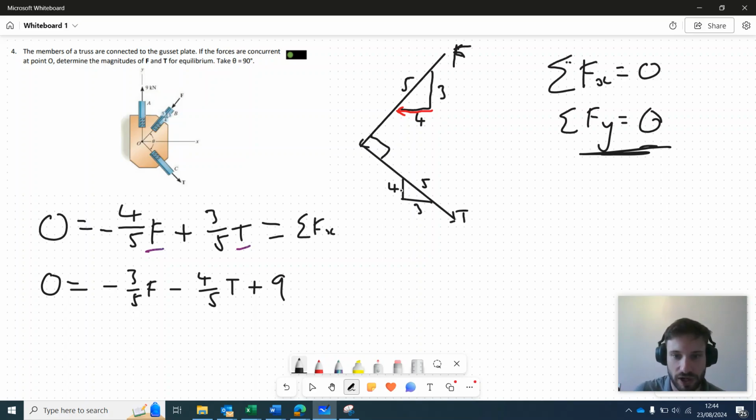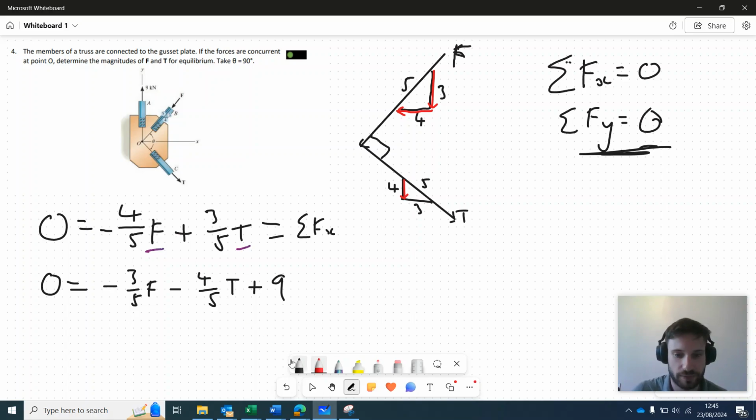The minus 4/5 T is from here. The reason that they're negative is because these components are acting down, and we typically take down to be the negative direction in the vertical plane. And the 9, of course, comes from this vertical force here of 9 kilonewtons in magnitude.